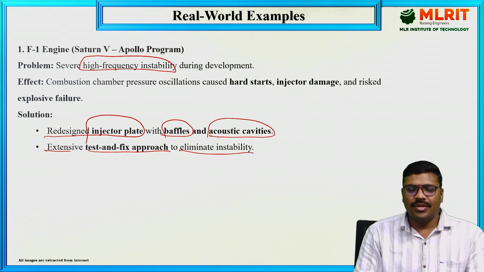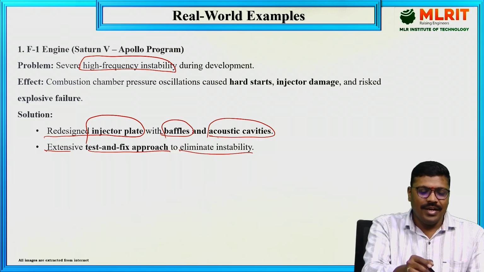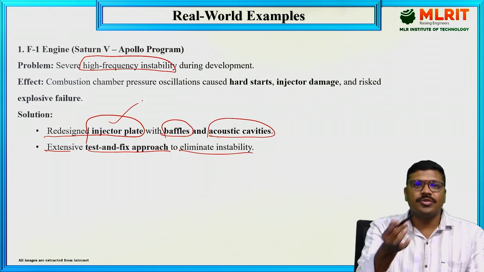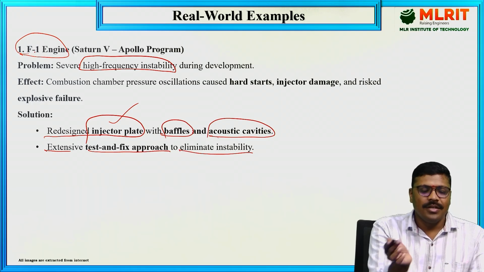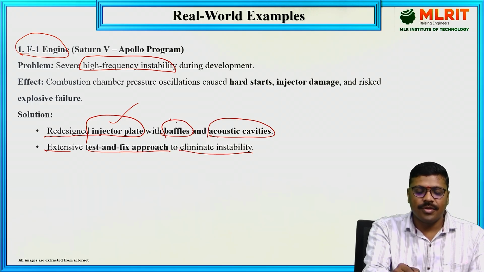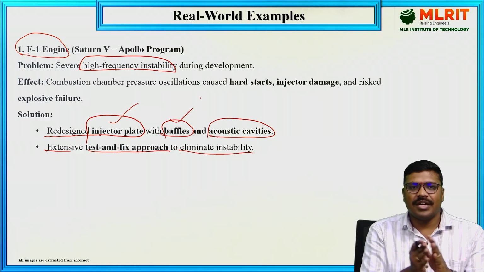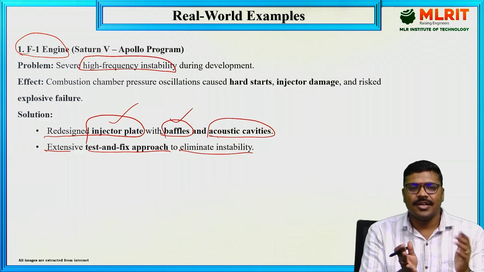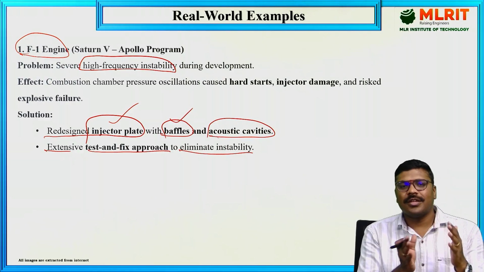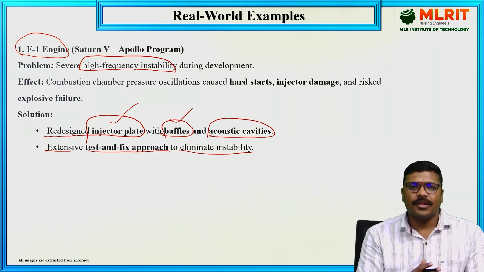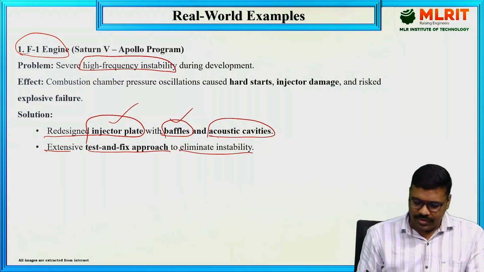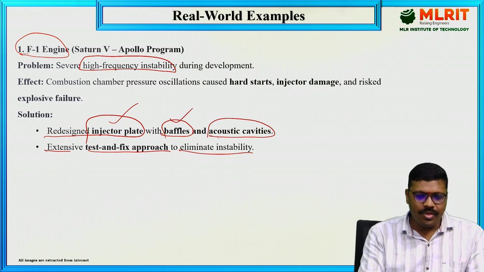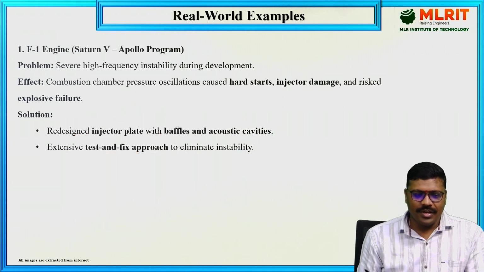They modified the injector plate used in the F1 engine, and they also used baffles. The baffles divided the combustion region into small regions so that they could easily control the combustion instability, which was avoided in the F1 engine. So this is one example of combustion instability in the F1 engine.